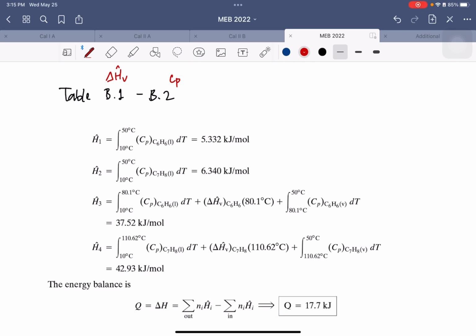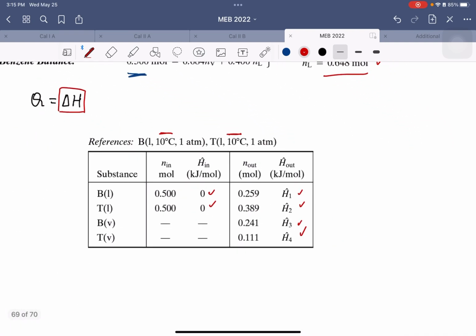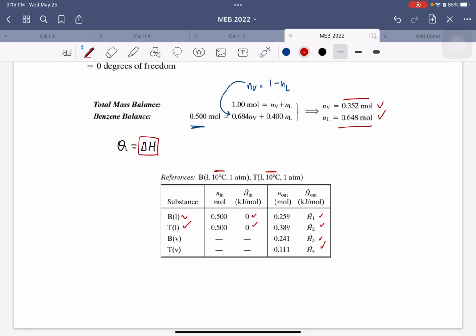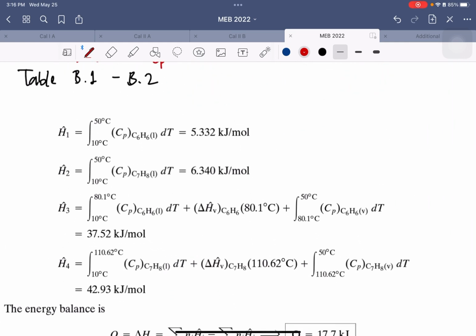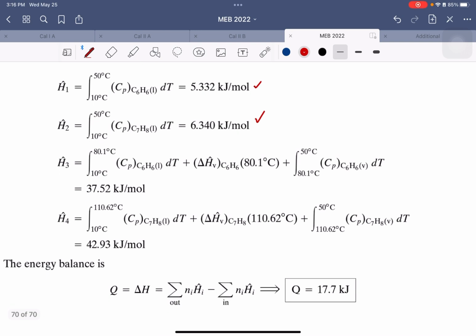especially for 1 and 2, it is basically the benzene and toluene in the liquid, so we are just taking it in a not really complicated way. But for H3 and 4, because there is a liquid to vapor change, or phase change, we would like to include the heats of vaporization.